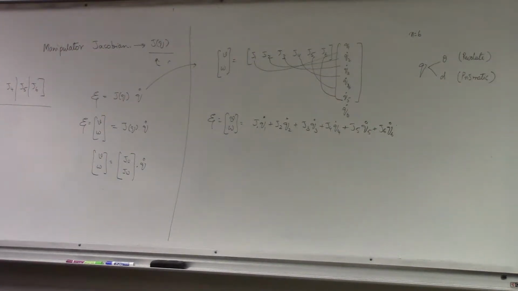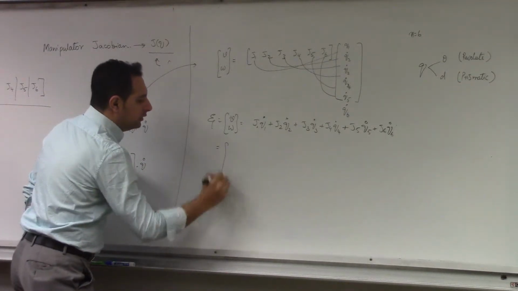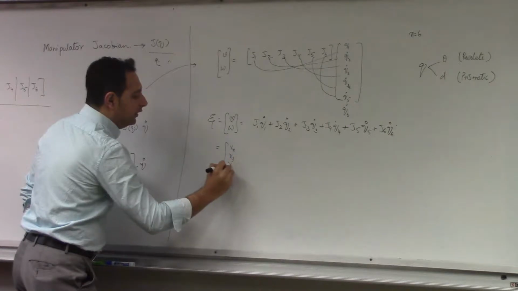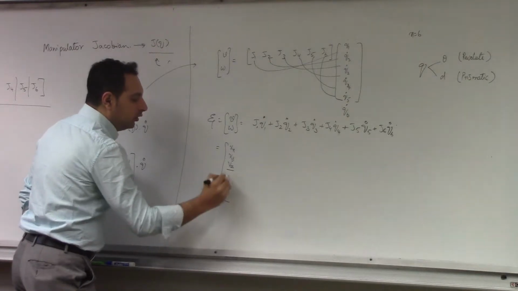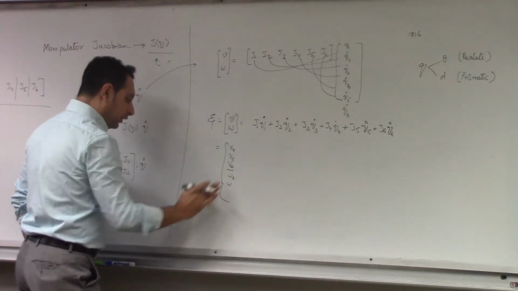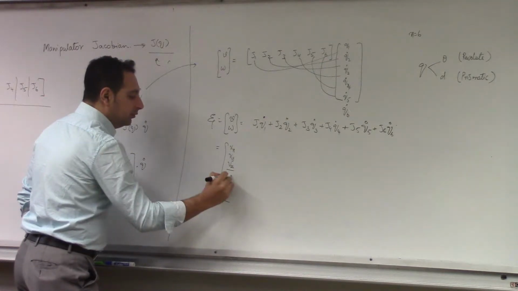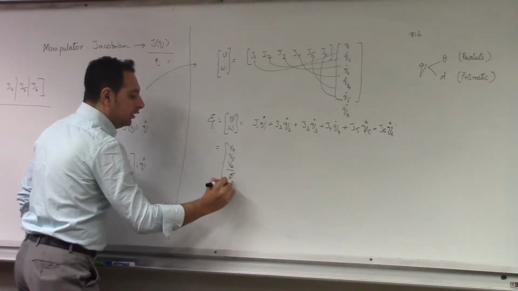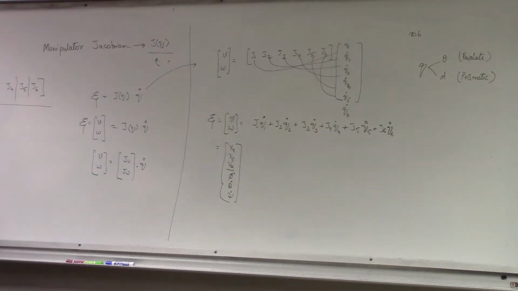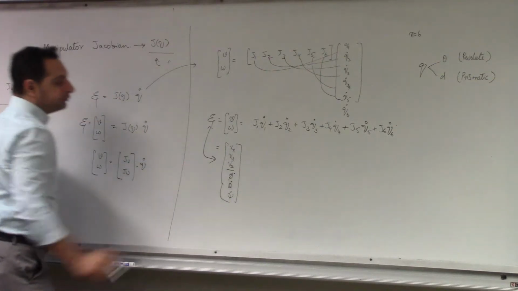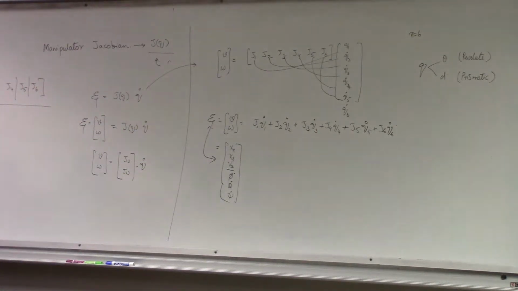Now, when you look at this matrix here, this will be the same as Vx, Vy, Vz, because we want velocities in 3 directions. Same thing, omega x, omega y, omega z, or if you want in terms of Euler angles, phi dot, theta dot, and psi dot. Orientation velocities. So here you can represent it like this.